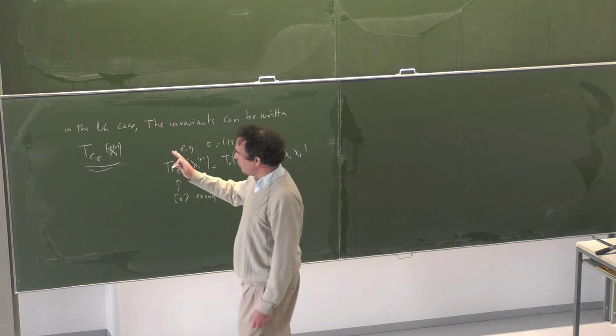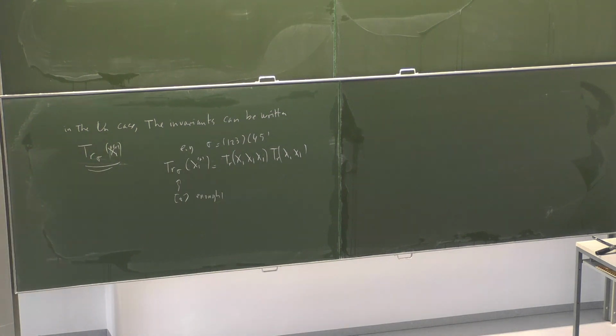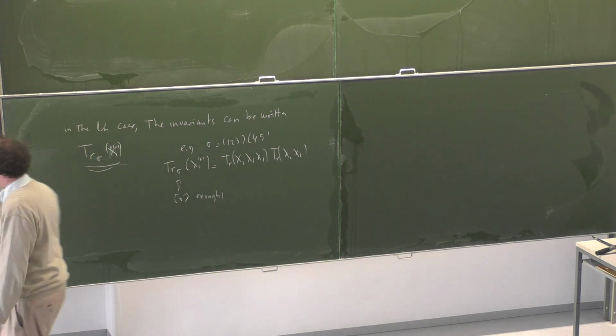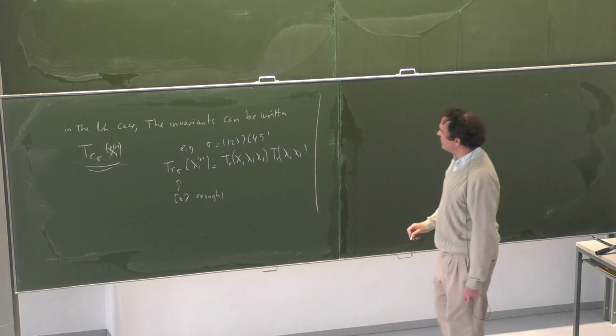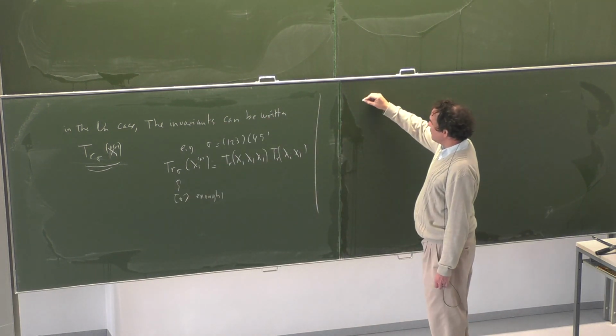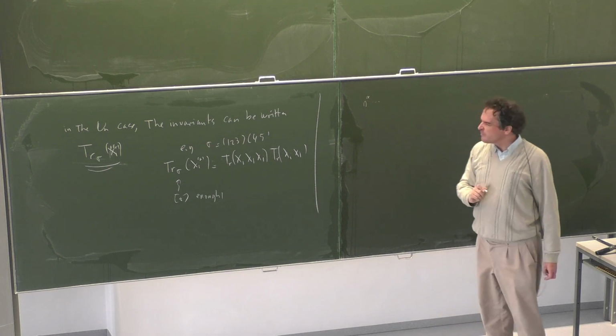And if you combine the use of this and this and this, you can actually reprove directly. So remember, before I had this growth like n to the alpha something.